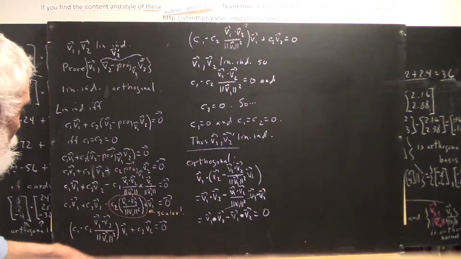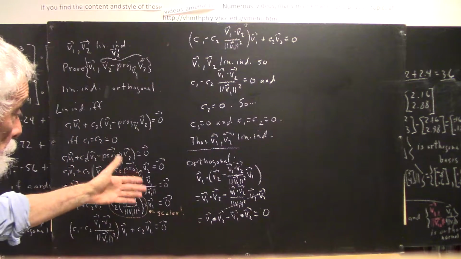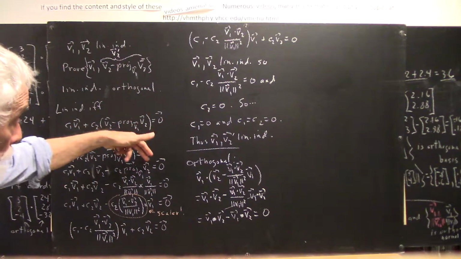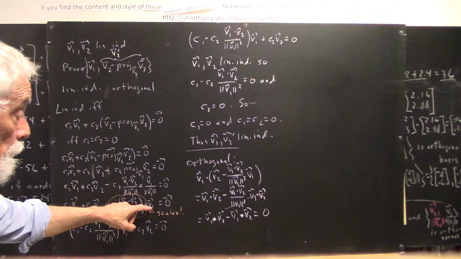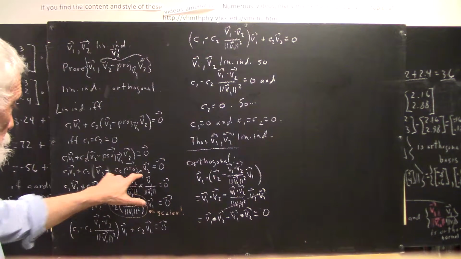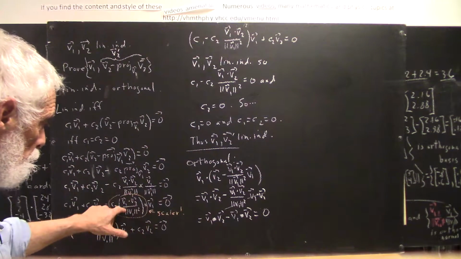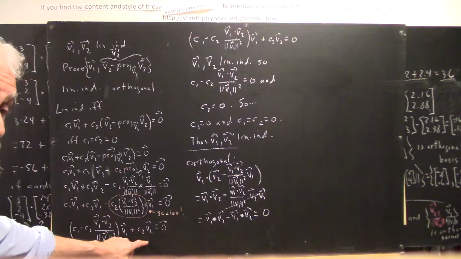Stop. Projection on V1 is not a scalar. Projection on V1 is an operator that operates on V2 and gives you a multiple of V1. And you might want to think about that. So you've got to be careful to apply the rules of algebra correctly. This would not be a like term with this. But when you do this, you now have a scalar in front of V1 and you can do the factoring.